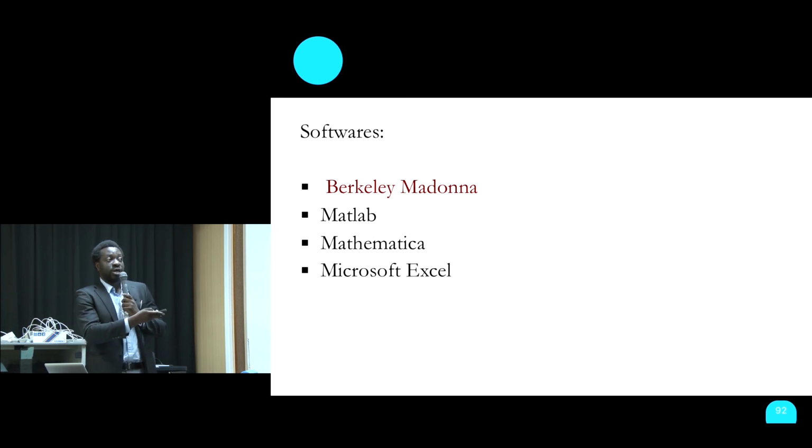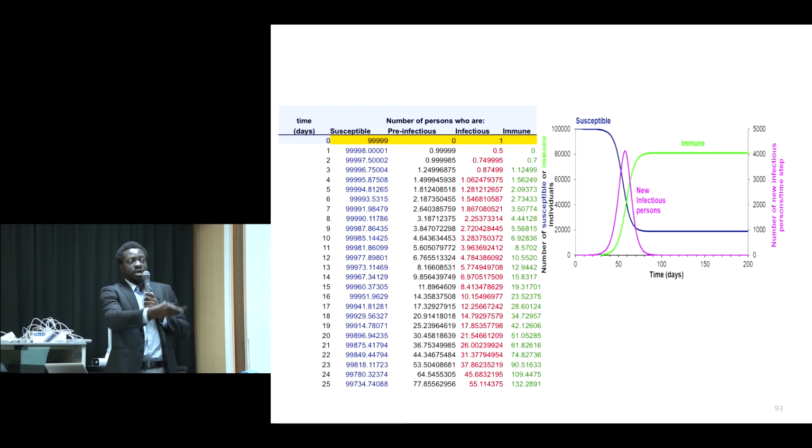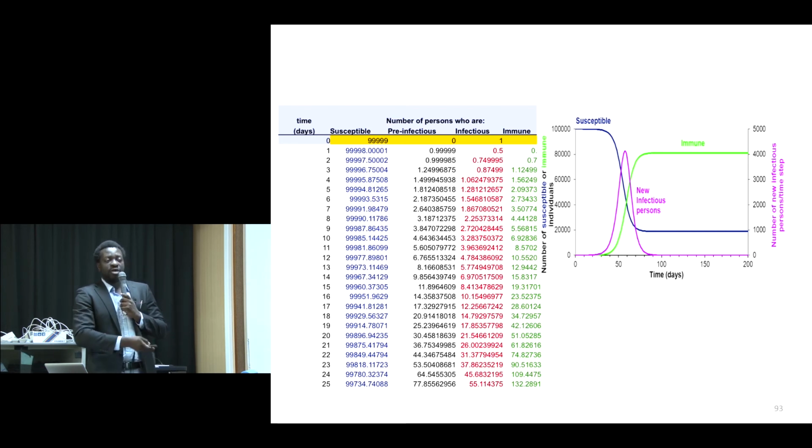And there is software to do that. What I use is Berkeley Madonna, but you can use a very simple Microsoft Excel to do very simple mathematical modeling. For example, for this exercise, just with Excel, you can have this kind of estimation, and you can estimate the number of susceptible and infectious.